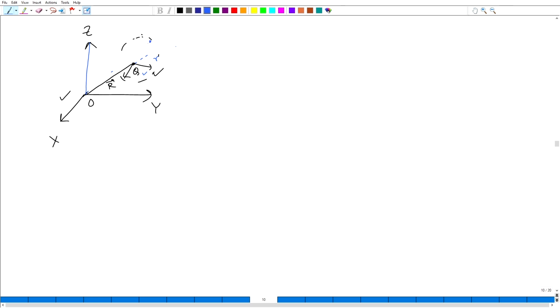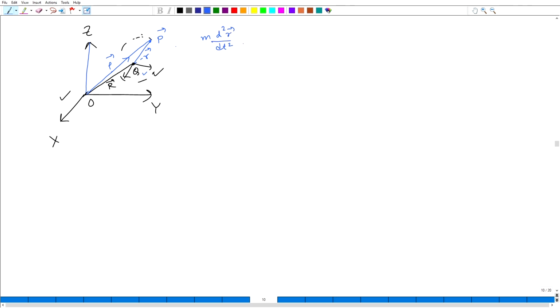So, I can make the point under consideration, whose motion is being studied, to be P. From O to P I now make a new position vector, which I call rho. This is actually small r. And now we want to calculate m d2 r dt2.